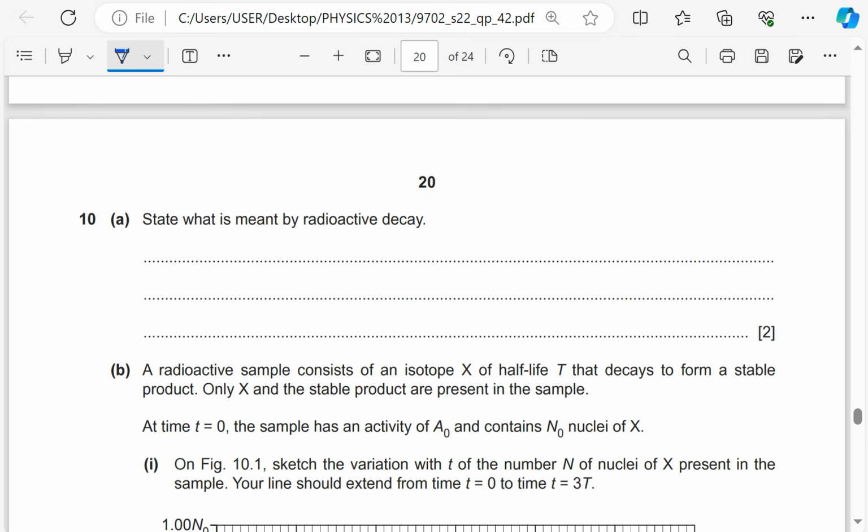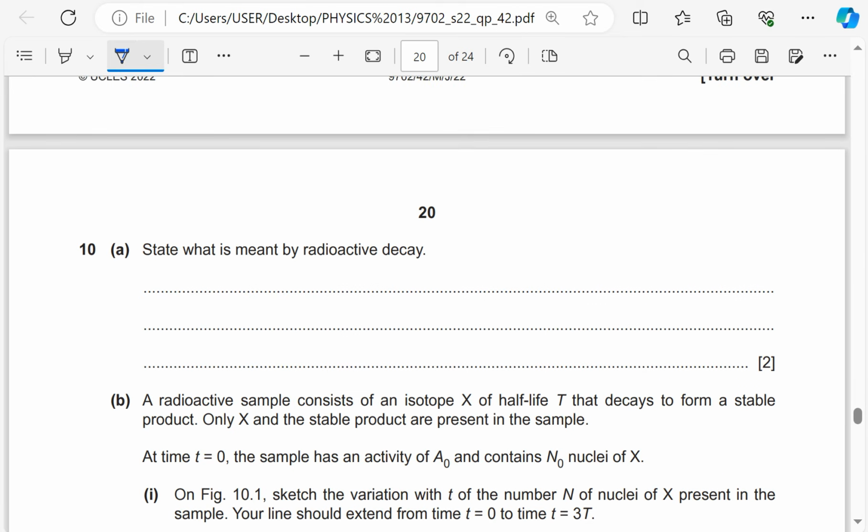Then next and last, I think this is the last, it is going to be nuclear physics. State what is meant by radioactivity. Of course, radioactivity is spontaneous and random.